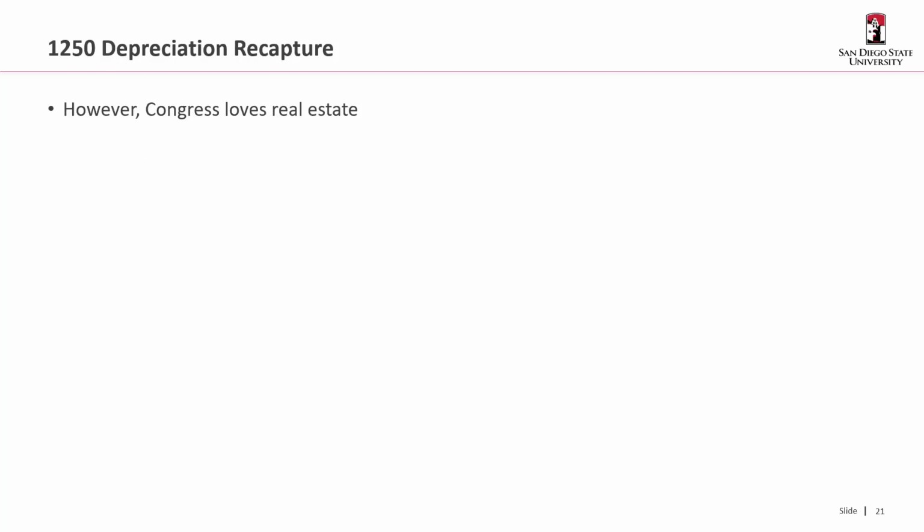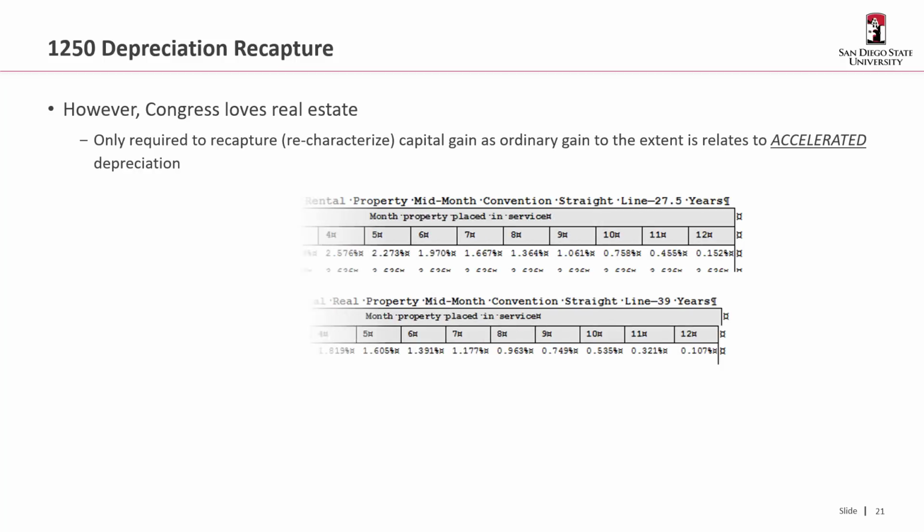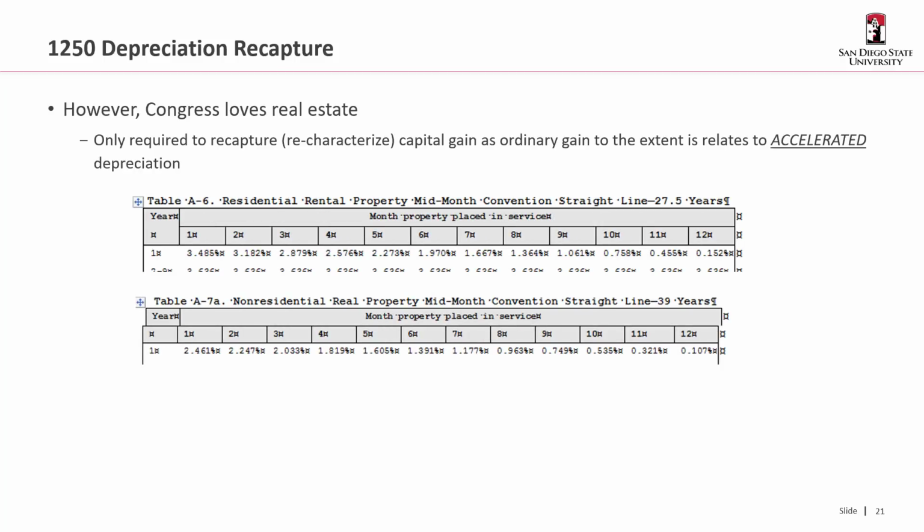All right, but Congress loves real estate. So rather than make taxpayers recharacterize gains as ordinary to the extent of depreciation taken, they made a slightly different rule. They said, you know what, we'll only make you recharacterize your gains as ordinary to the extent they relate to accelerated depreciation. In this case, accelerated means not straight line.